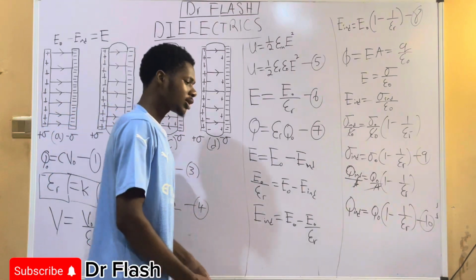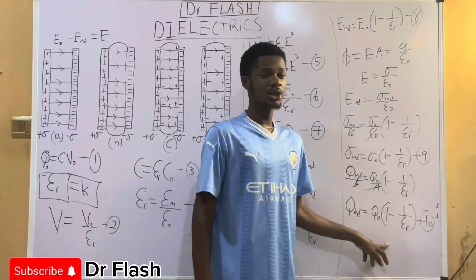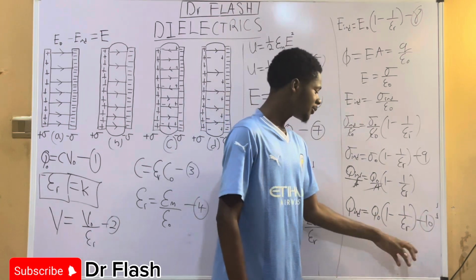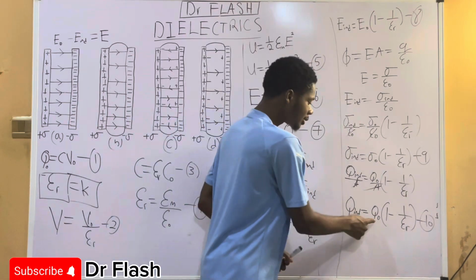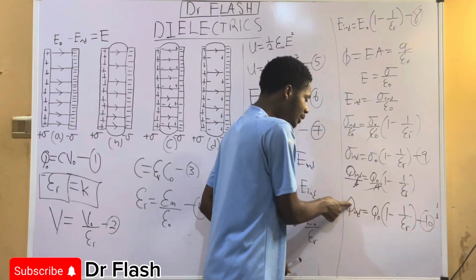Now it is important to take note that relative permittivity is always greater than 1, except when the medium is air. Hence, the initial value is always greater than the induced value.